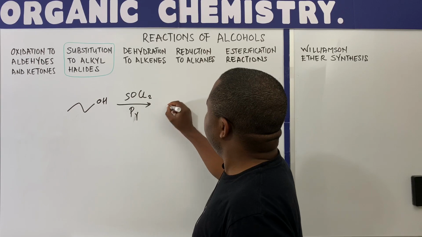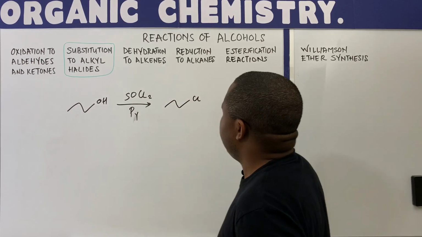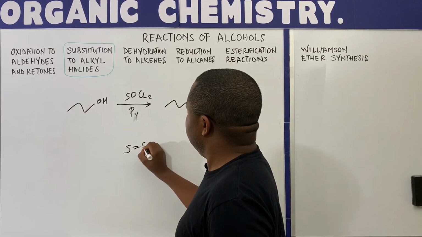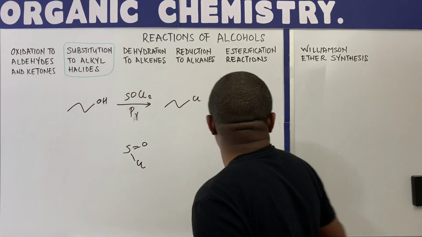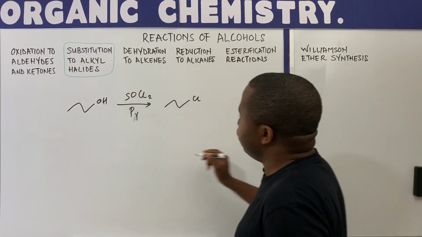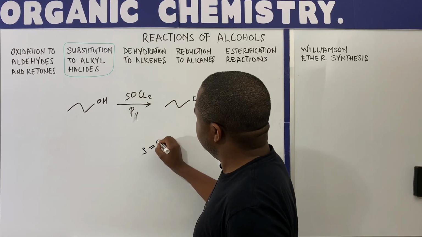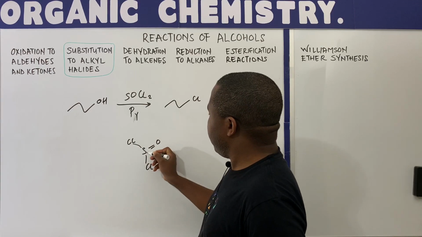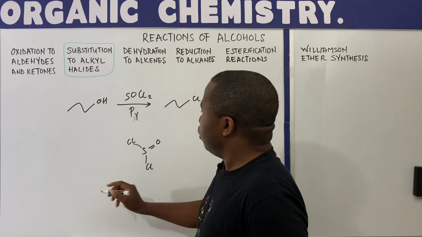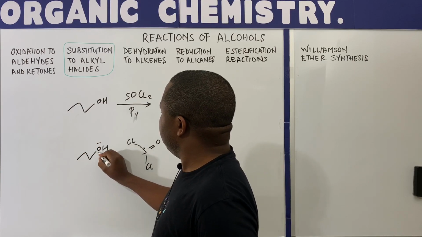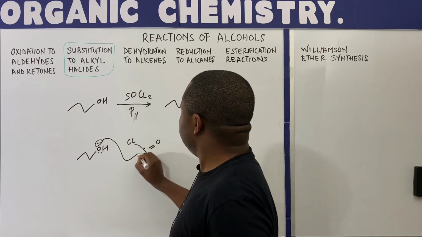we're going to have this. And how does that happen? So this is thionyl chloride. Oh, let me draw it well. So this is thionyl chloride, basically SOCl2. So we're having the propyl alcohol. So this is going to attack this.